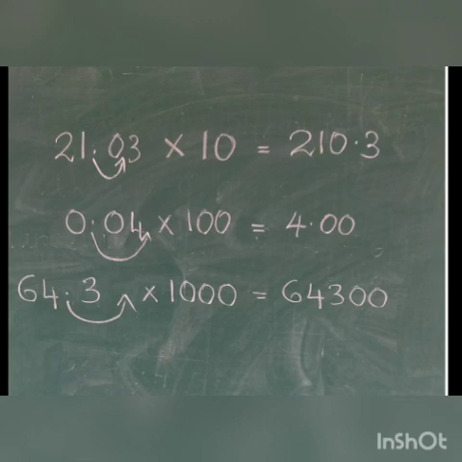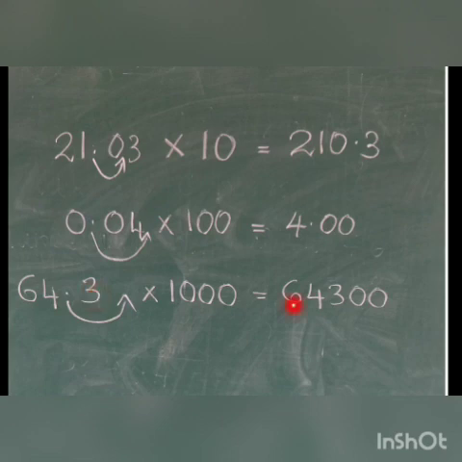Next example, 64.3 into 1000. So in 1000 how many zeros are there? 3 zeros are there. And where does the point shift, to the right or left? To the right. So here the point should go 3 places. But after the decimal point, do you have 3 places? Only one place we have. So what do we do in such cases? We add zeros in order to make the places correct.